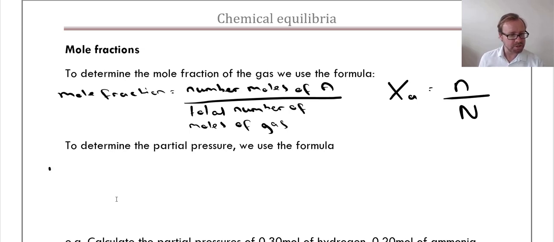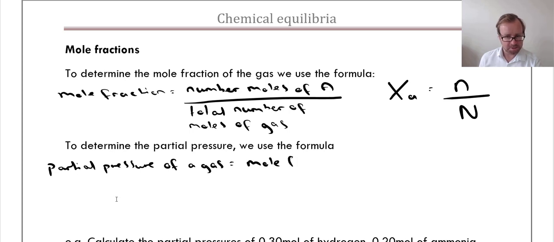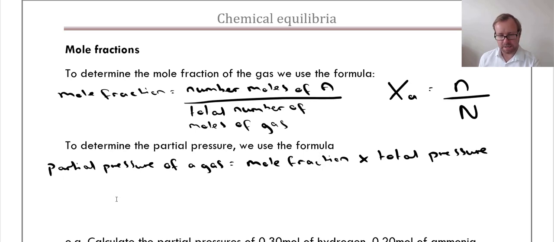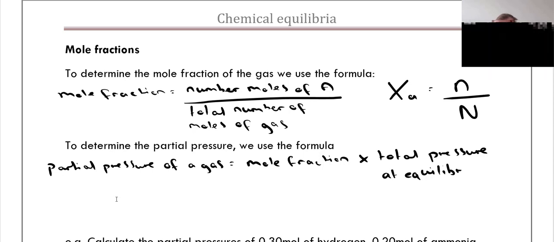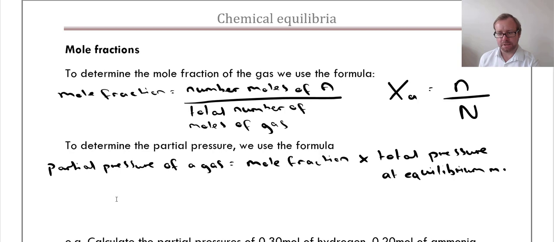So my partial pressure of a gas is equal to the mole fraction of that gas times the total pressure of all gases, and I'm just going to write at equilibrium mixture, and you will see why that's relevant in a couple of minutes.